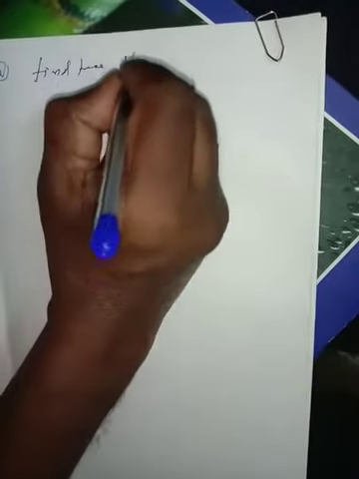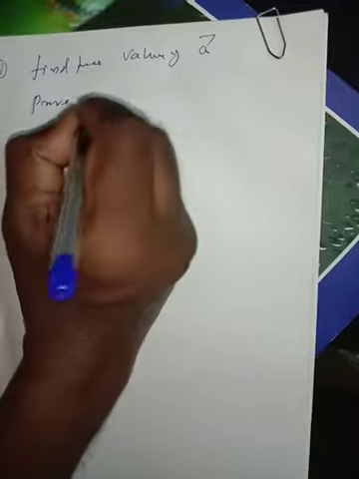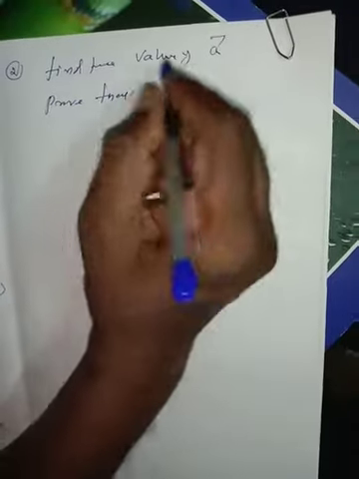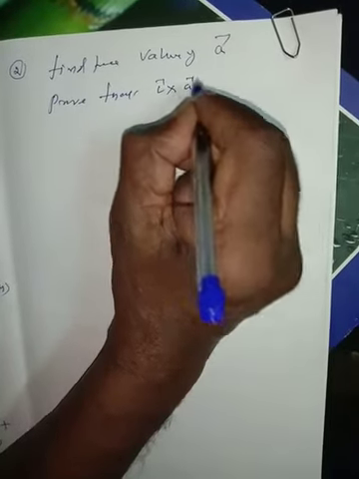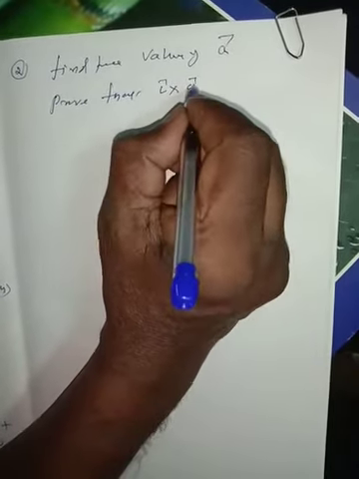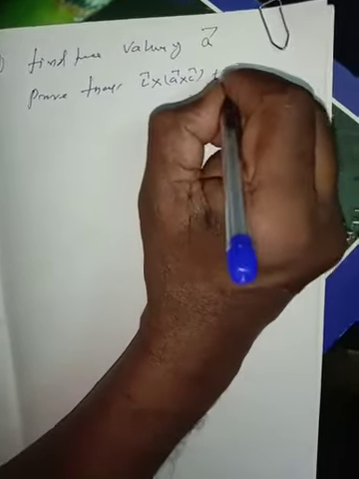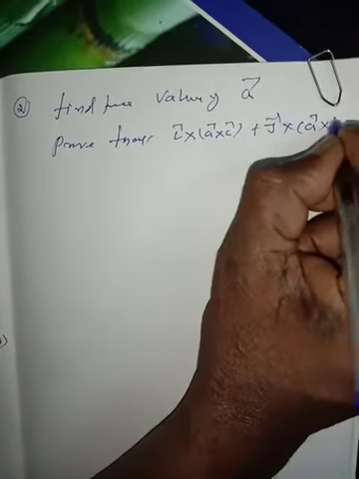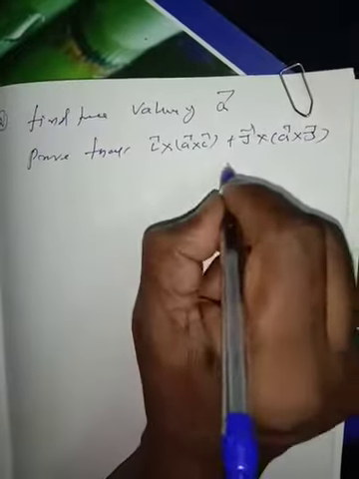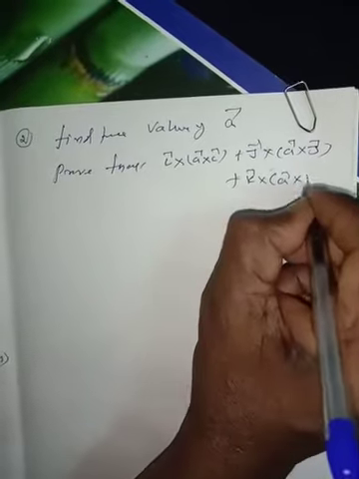Find the value of a vector, so that i vector cross (a vector cross i vector) plus j vector cross (a vector cross j vector) plus k vector cross (a vector cross k vector).